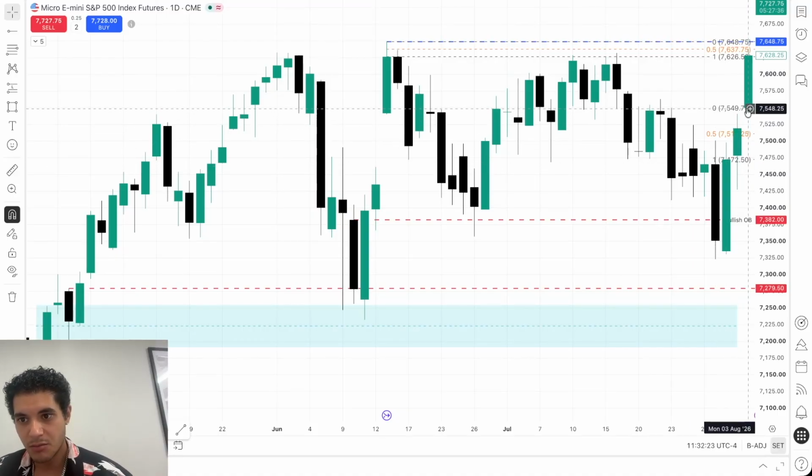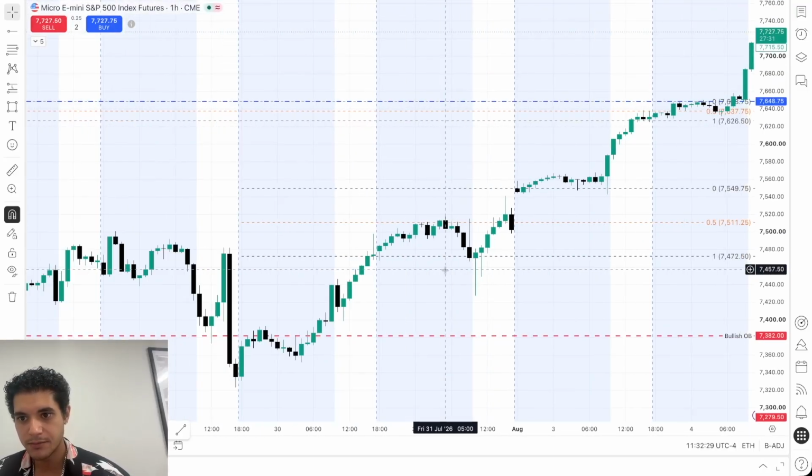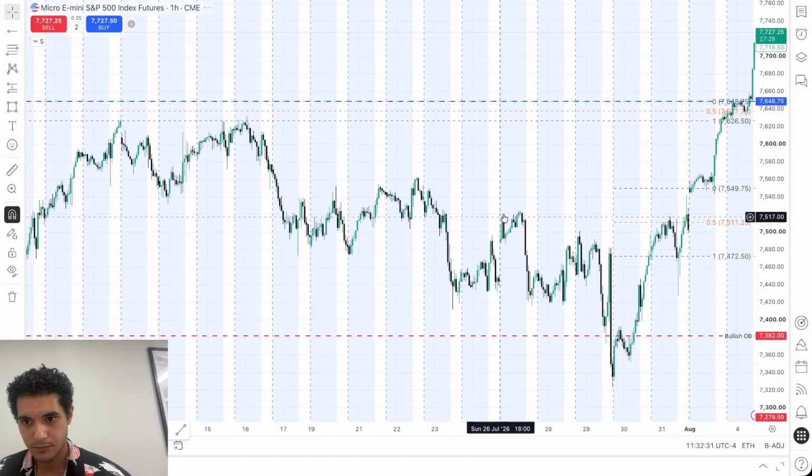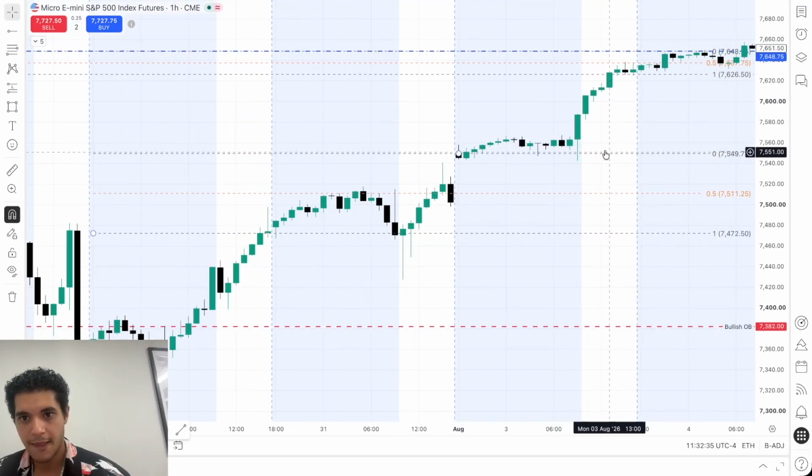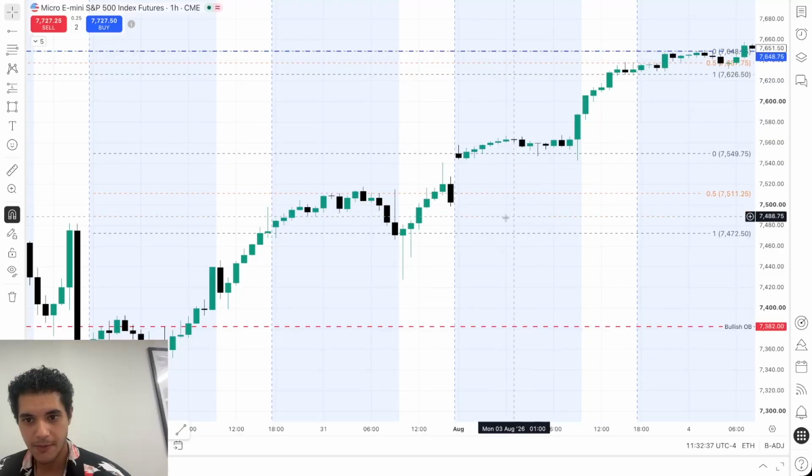This suspension block, you're going to want to zoom in. Now you have the wick high and the daily suspension block. This dotted line is the daily high.